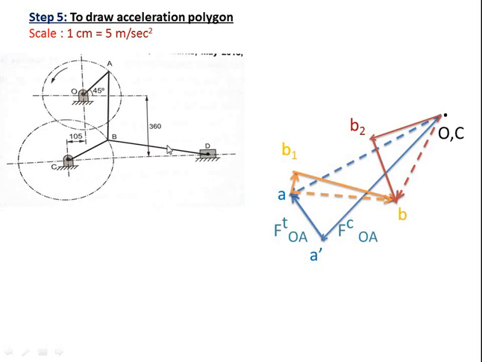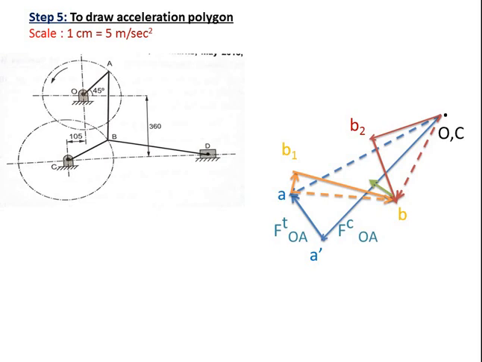So from B in this direction, parallel to BD, is the centripetal component. The magnitude you have to take from the table. Convert the magnitude of the centripetal component into scale and take that distance on this vector. So this is the centripetal component of BD.